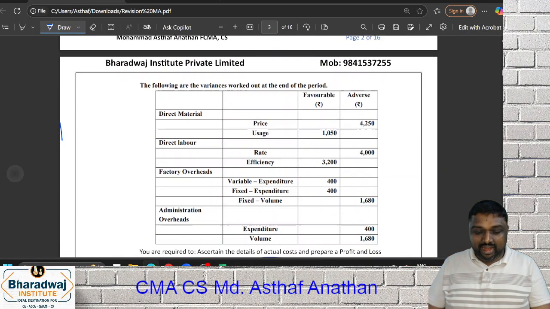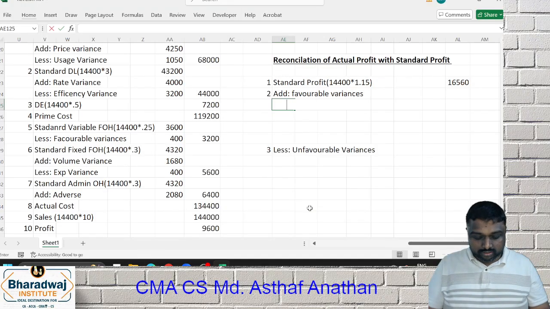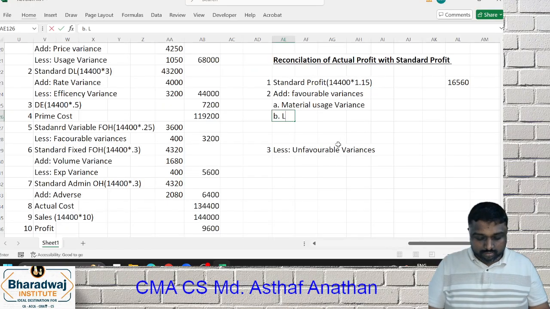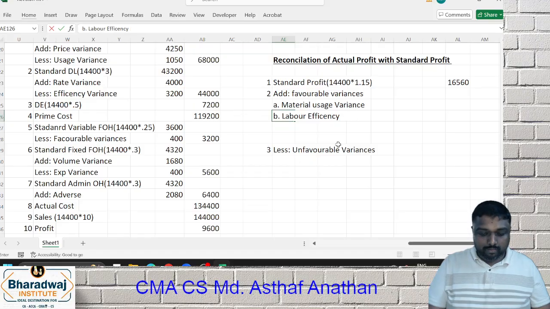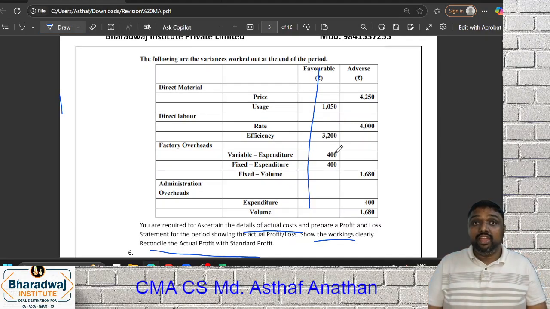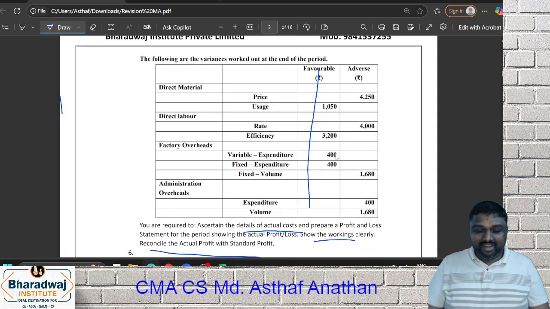So if you add all the favorable variances, what are all the variances you can add? See, favorable is this column. So material usage variance. What is next? Labor efficiency variance. What is next? Variable expenditure variance. Next is what?